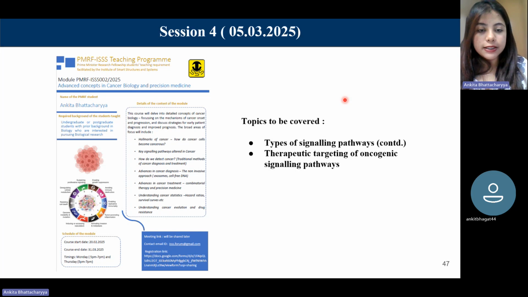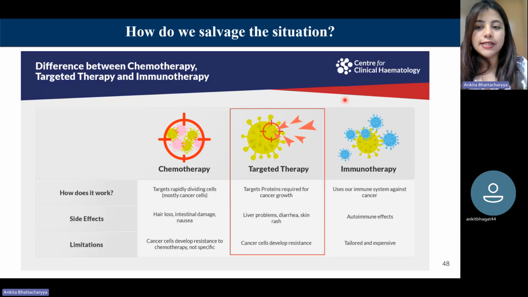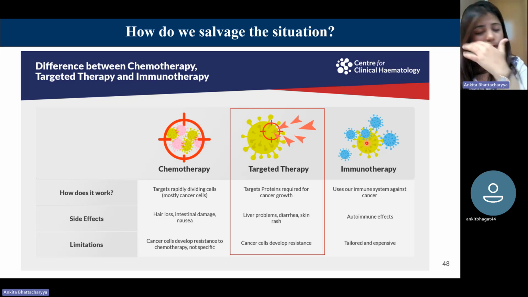Now, coming to the next slide. Like I started off the discussion initially for today, how do we salvage the situation? We now know that a lot goes wrong in cancer. What can be done? Here is a representative comparison between the usual terms of therapy that are most commonly used. You must have heard about this at some point or another.